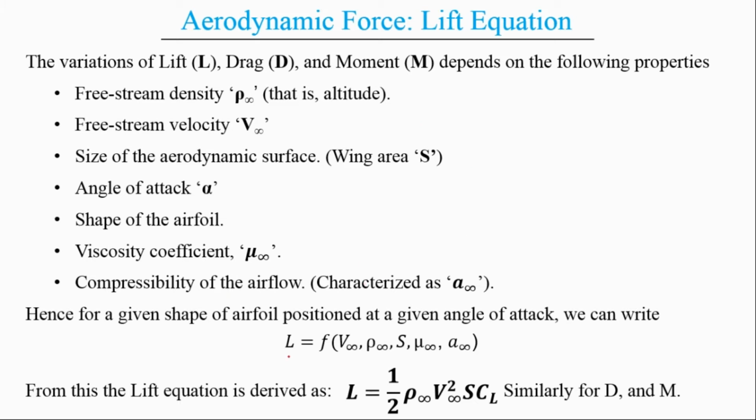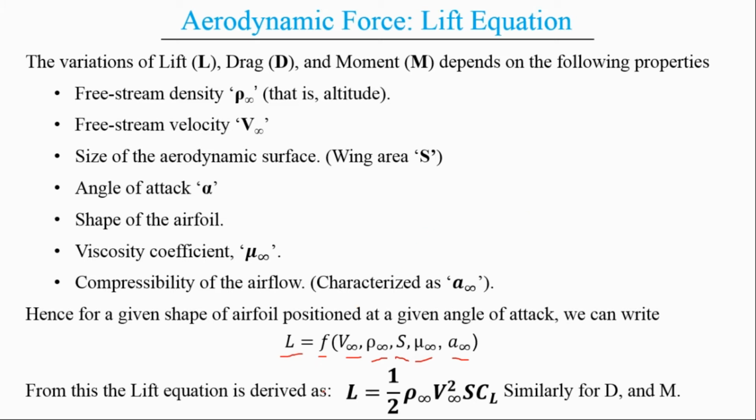So here we see that lift is a function of, or is dependent on, the velocity, density, surface, that is wing area, the viscosity coefficient, and the compressibility factor or speed of sound. And we do know that lift equation.